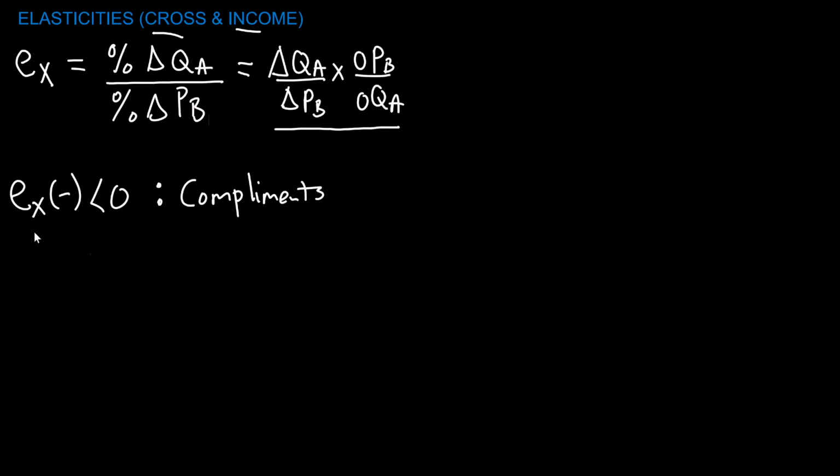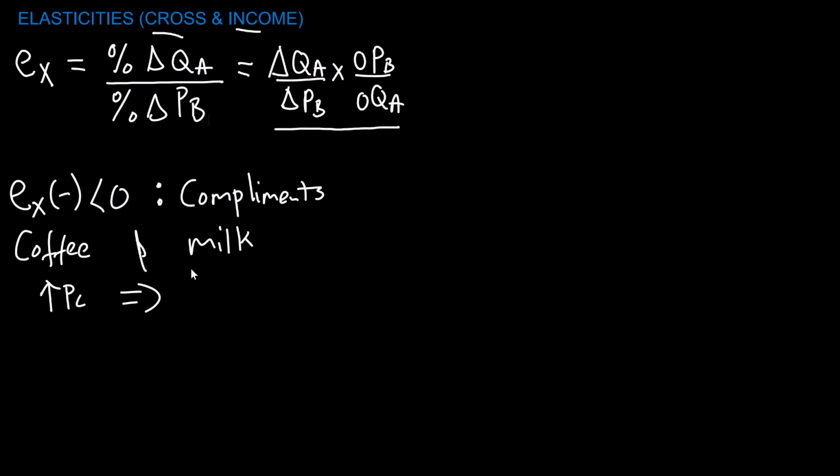Let's say coffee and milk. Now, these two are complements. You use milk in coffee. If the price of coffee goes up, people are going to buy less coffee; from the law of demand, when the price of coffee goes up, the quantity demanded of coffee is going to go down.